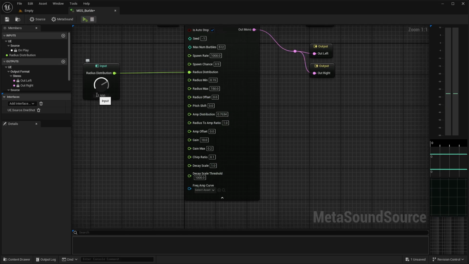Note that only bubbles with a decay rate lower than this threshold will be changed. For example, if the decay rate is higher than 1000, then it's kept as is.